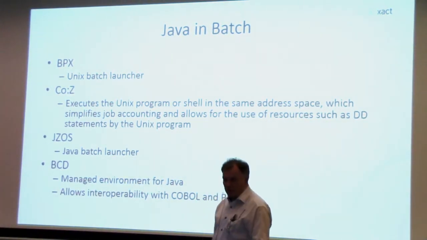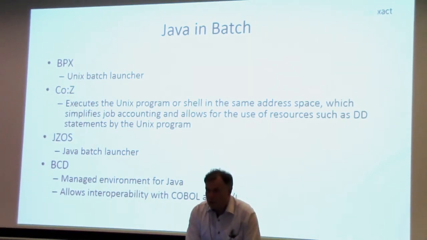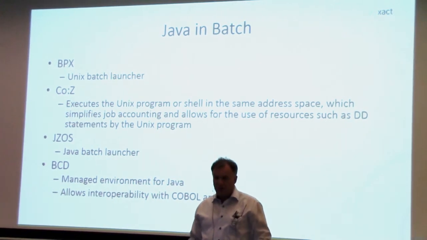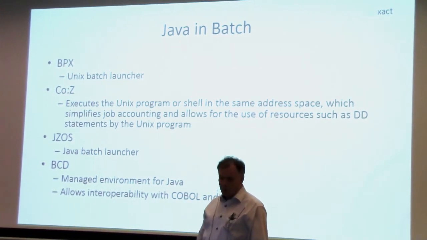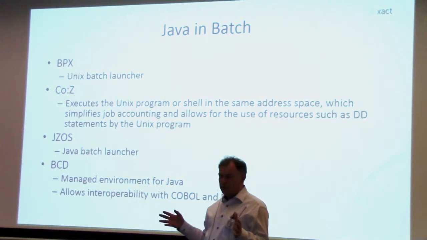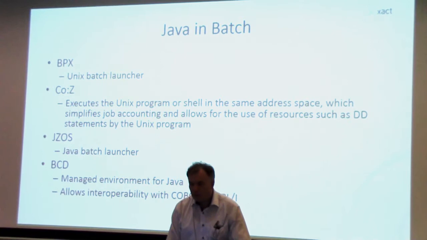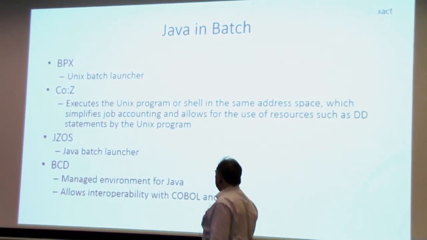When you're running Java in batch, you have four ways of doing it. And these are all Unix System Services. If you just run a batch program in Unix System Services, you use something called BPXBATCH, which is a batch launcher. It runs batch programs like you could run TSO batch, ISPF batch, and so on. It's very limited.